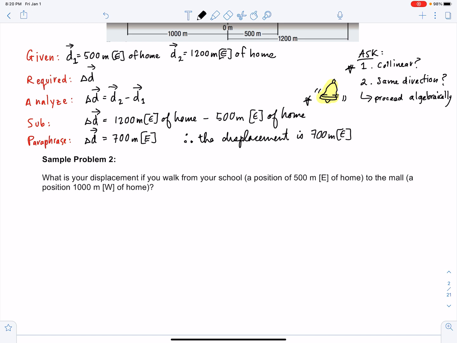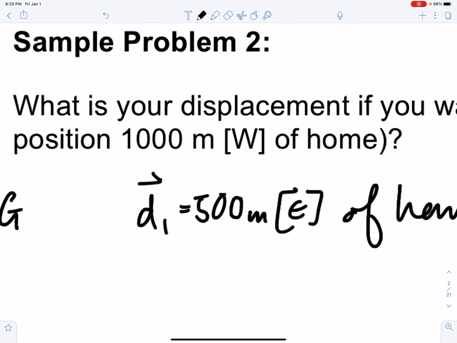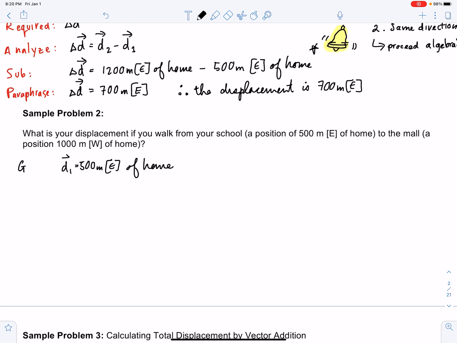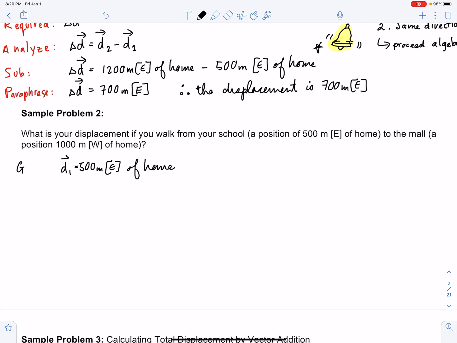So let's start with what's given. We're given an initial position of 500 meters east of home. And notice I just put this little half arrow. That's kind of my style. It's acceptable in the land of math and physics to do so. We're also given a final position, D2, of 1,000 meters west of home.